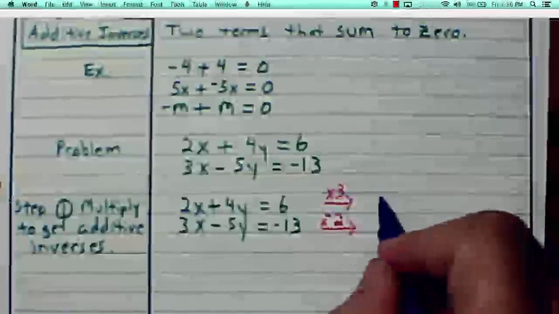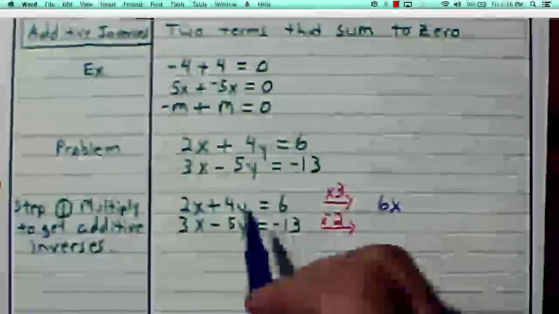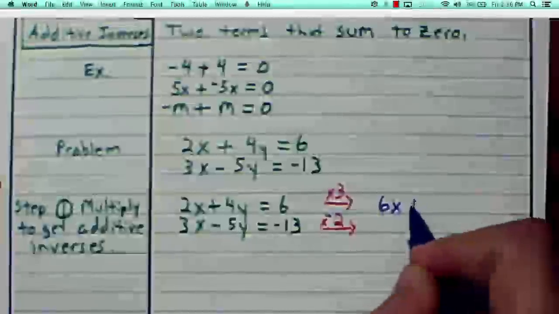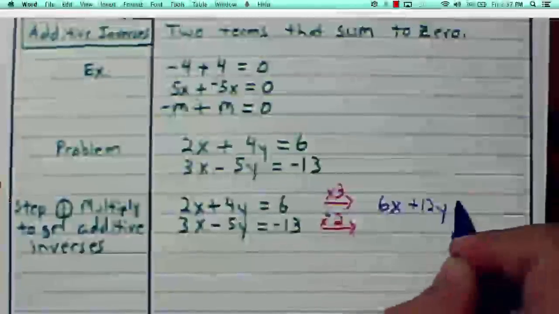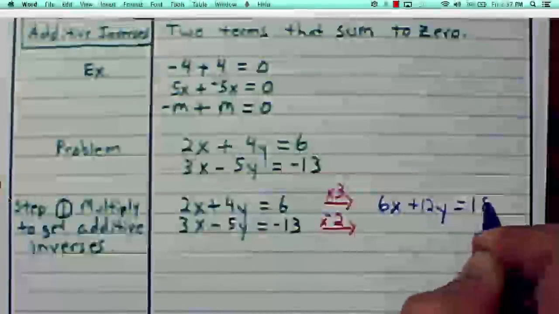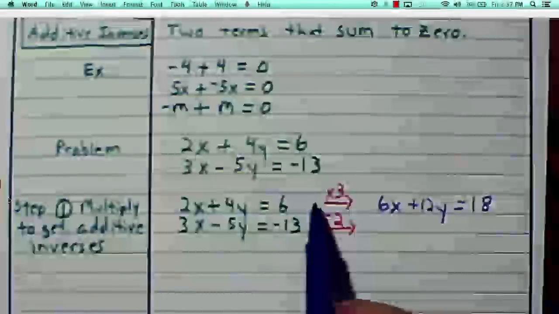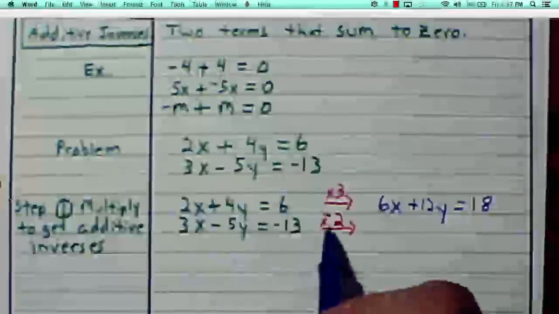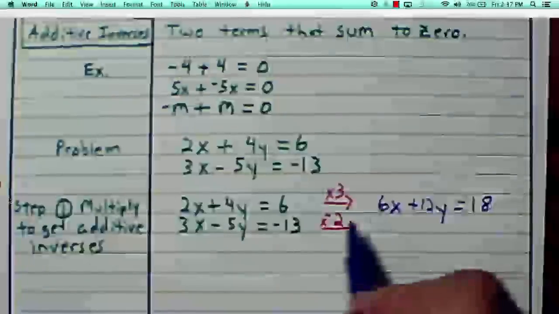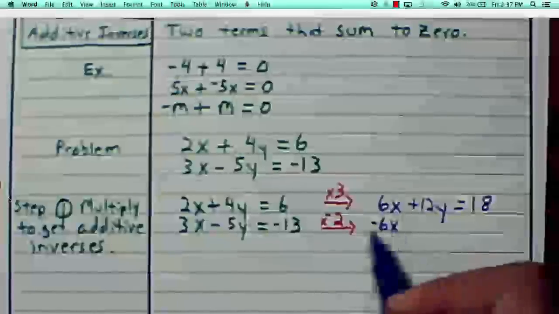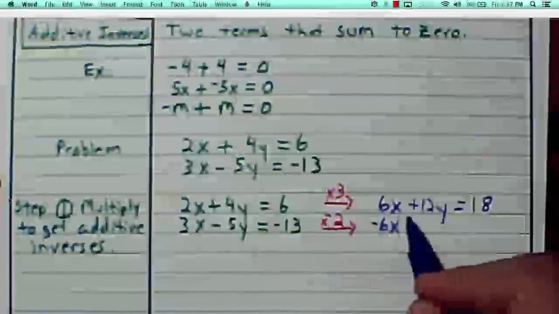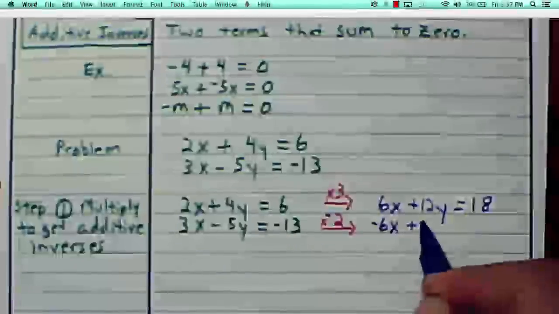2x times 3 is a 6x. 4y times 3 is a 12y. 6 times 3 is 18. I've multiplied the whole first equation by 3. Now I'm multiplying the entire second equation by -2. 3x times -2 is a -6x. -5 times -2 is a positive 10y.